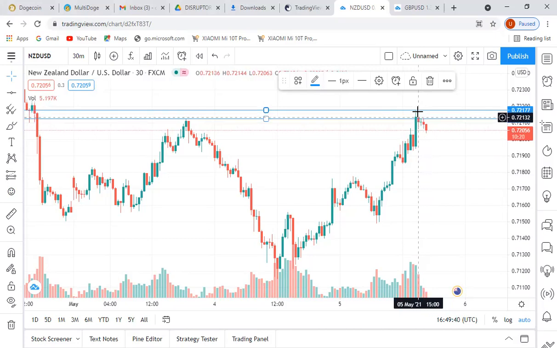But for now, the market is reacting based on the current resistance zone. It's not buying, rather it is reacting to the zone by moving downward.